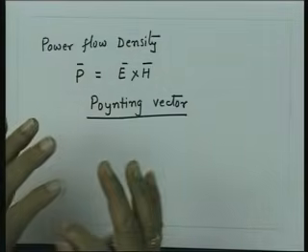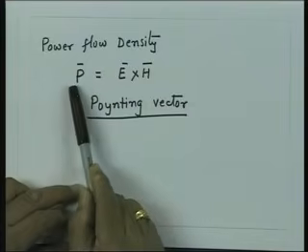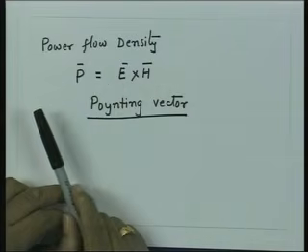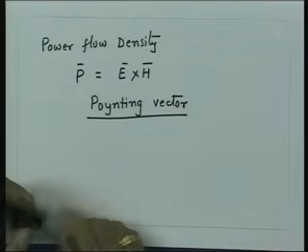Of course, when we are dealing with space, we can say negative power means the direction of the power flow has changed, but all those complications will come if I use simply E cross H and get the value of P, because P can go positive or negative. Also, depending upon the time phases between E and H, this quantity can even be a complex quantity. So, what we do is try to get the time average value of the Poynting vector, and that is the more meaningful quantity for finding out whether there is a net flow of power associated with the electric and magnetic fields.